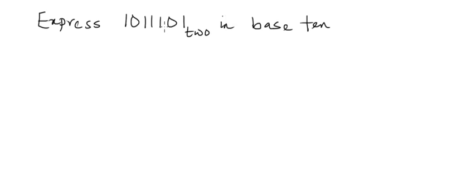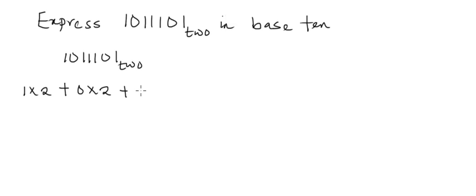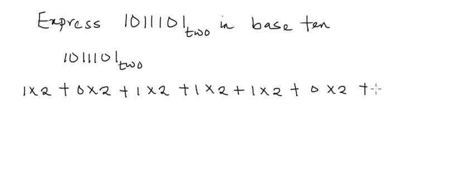So like we did earlier, we pick each of them and multiply by the base. So we have 1011101, written in base 2. That becomes 1 times 2, plus 0 times 2, plus 1 times 2, plus another 1 times 2, plus 1 times 2 once more, then plus 0 times 2, then plus 1 times 2.